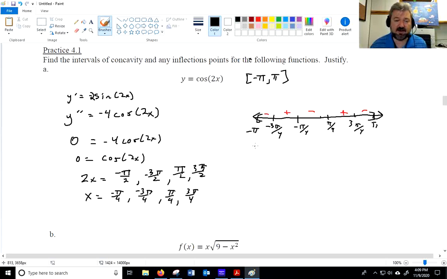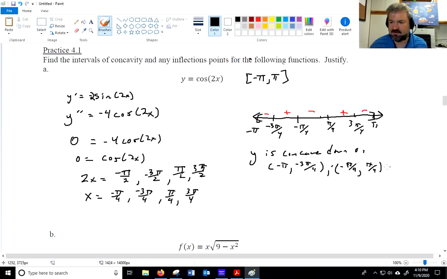So we can say that y is concave down on these intervals from negative pi to negative 3 pi over 4, negative pi over 4 to pi over 4, and 3 pi over 4 to pi, because y double prime is less than 0.